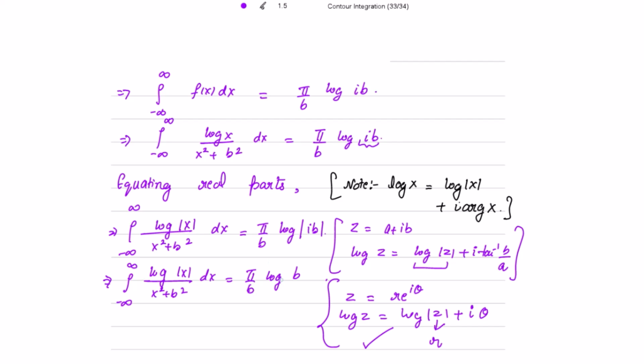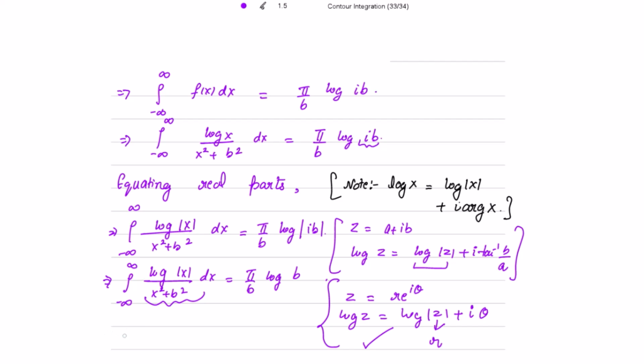And I have not written log of mod x as log of x, because I know that this is my even function, and I need to change the limits of the integral. So that is why I have just written log of mod x as it is in the numerator, because I need to change the limits.